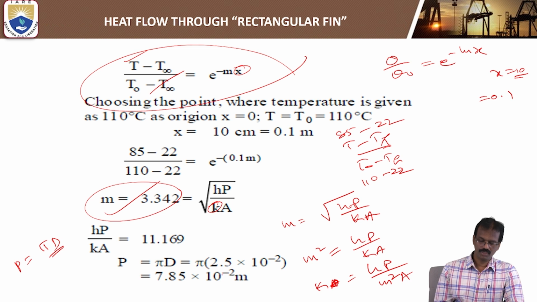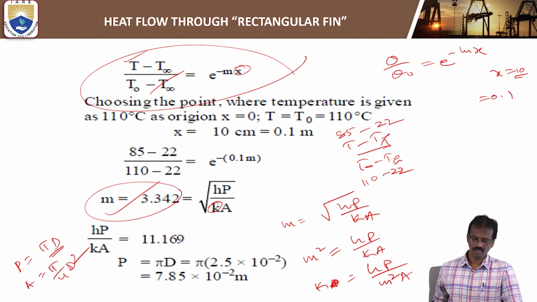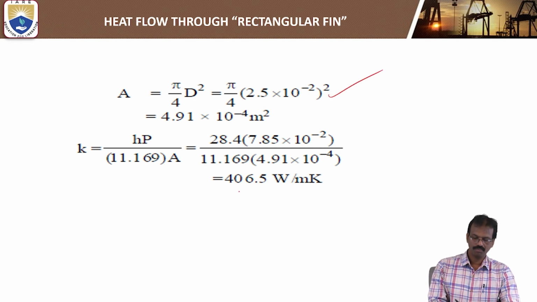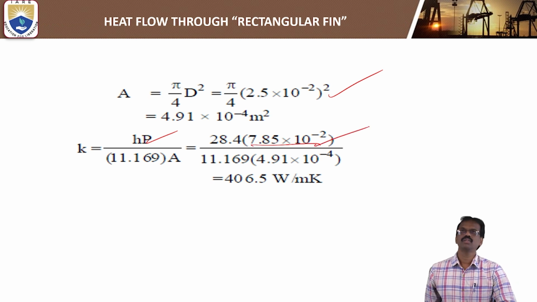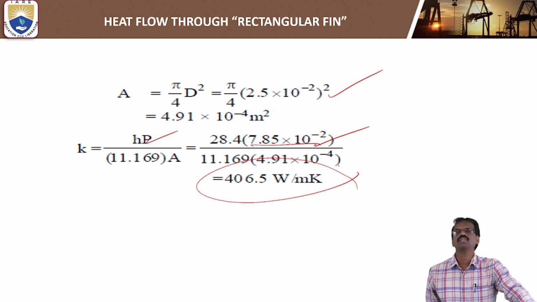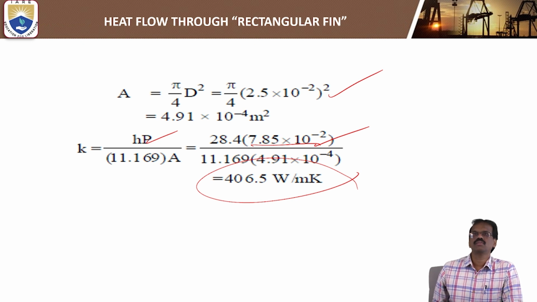Diameter is given, diameter is equal to 0.025 meters, and area is equal to pi by 4 d square. So like this one, this is the area. This is the pi d value, the perimeter value. If you substitute these values, then you will get the thermal conductivity. So the thermal conductivity of that material is equal to 406.5 watt per meter Kelvin.